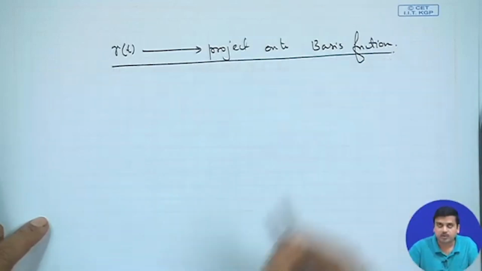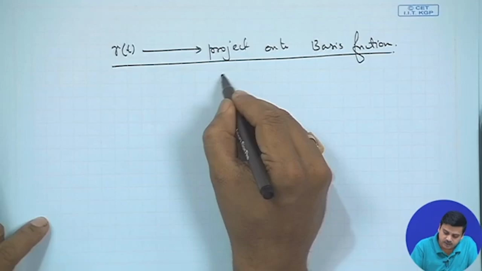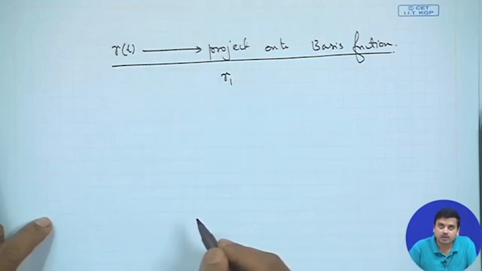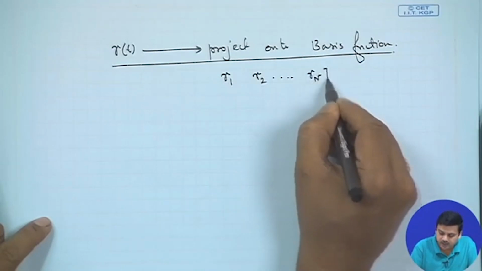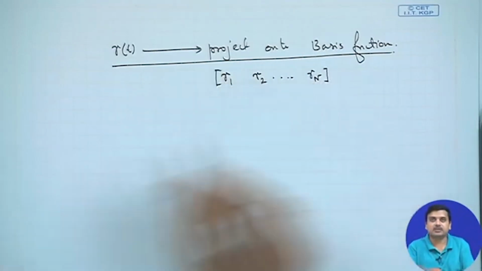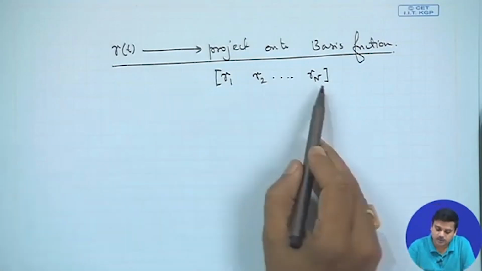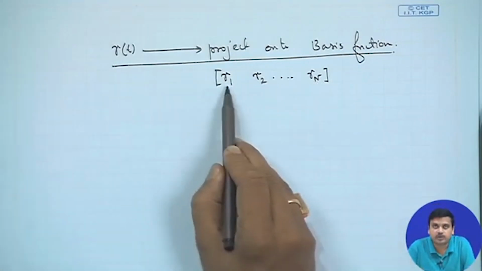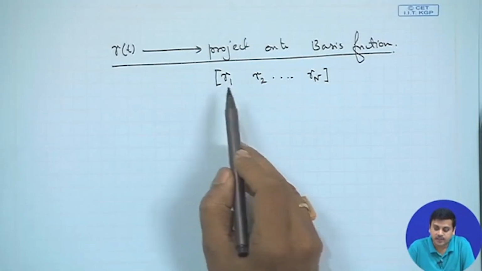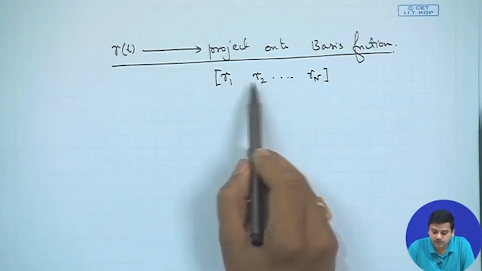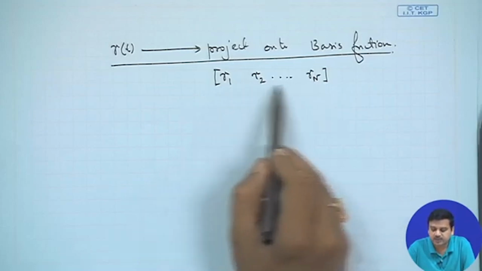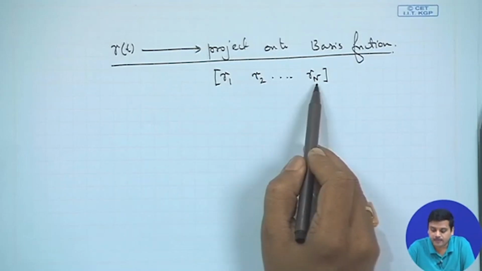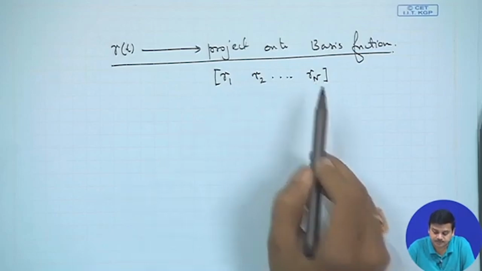If you project it onto basis functions, you would get its component R 1 on the first basis function, R 2 up to R n if there are n dimensions. In case of PAM, there is only one dimension and we get one single component. If it is quadrature modulation, you are going to get two such components, one along the I channel, one along the Q channel. If it is n dimension, you are going to get components along all these n orthogonal dimensions.